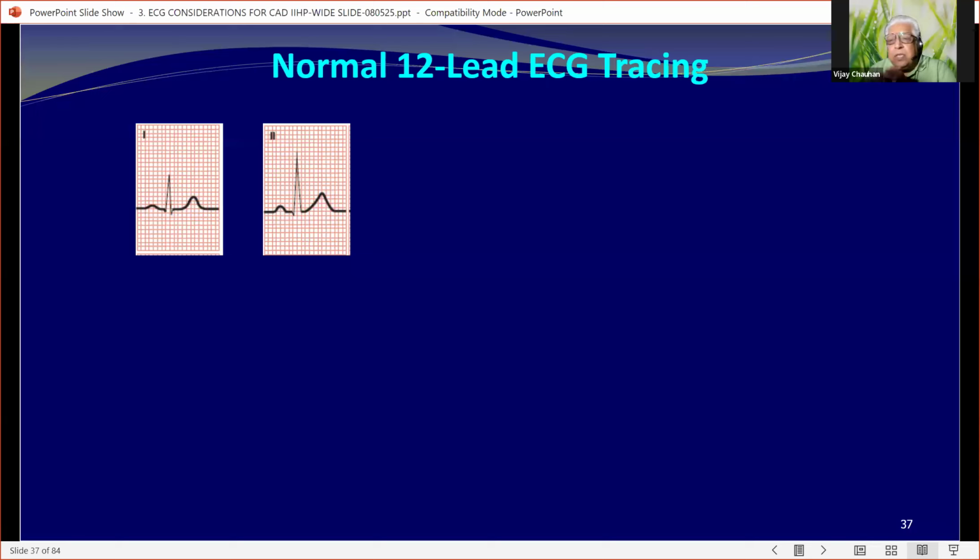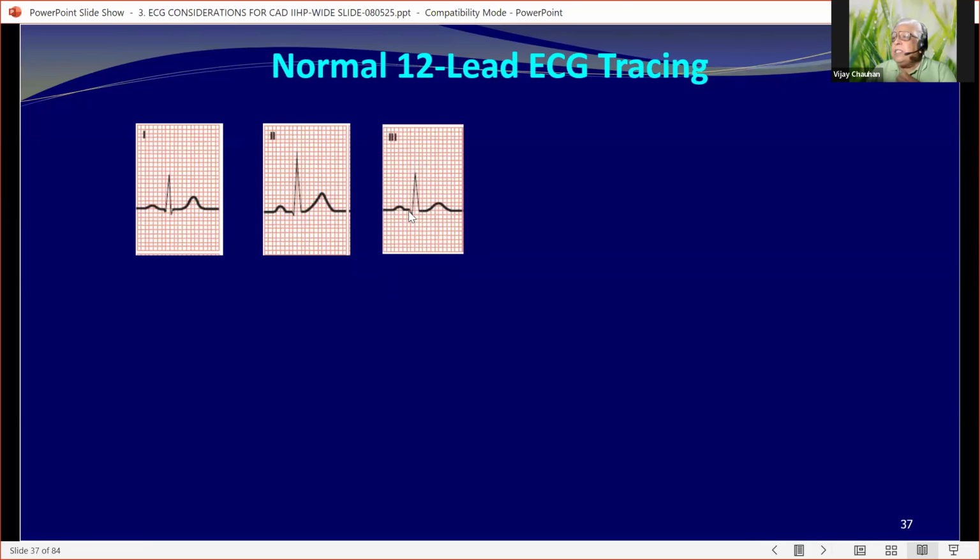This lead 2 is known as key lead, and उसको rhythm strip भी कहते हैं. ये rhythm के लिए रखी जाती है. ठीक है. Lead 3, we have similar, just like lead 1, it is almost similar to it. Okay.